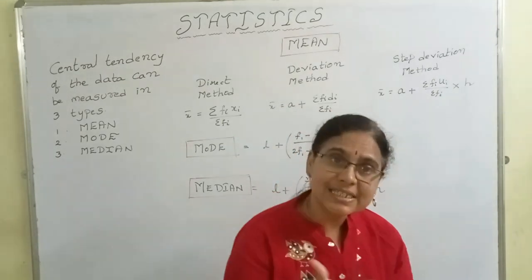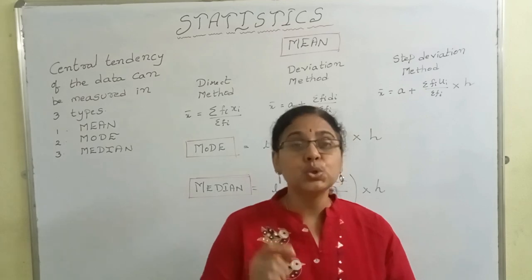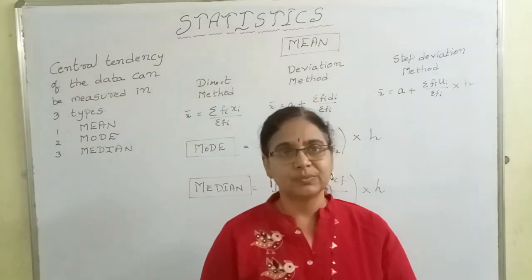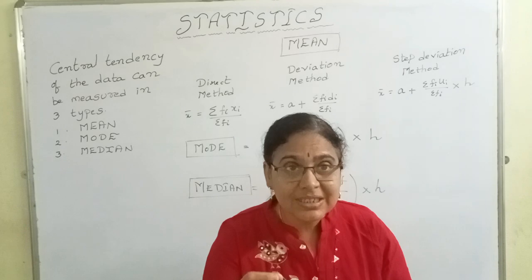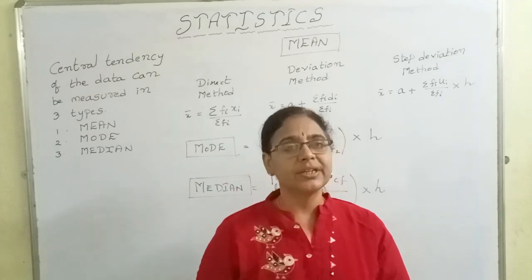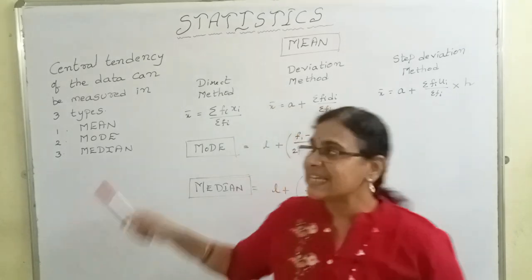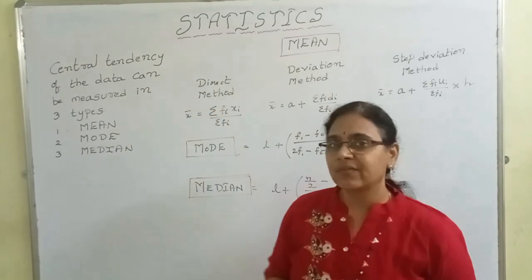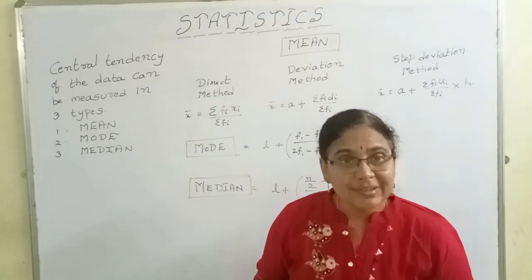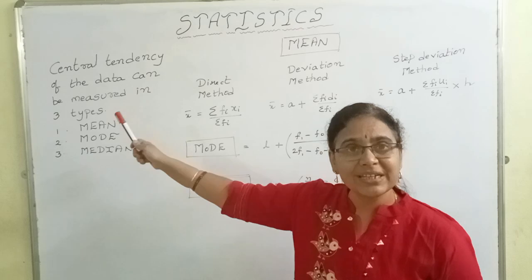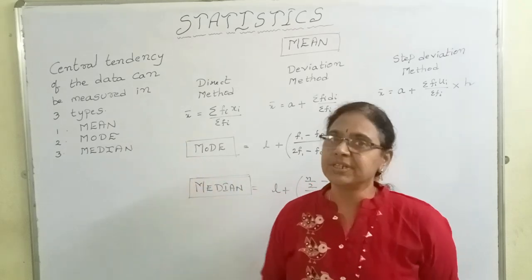We are taking a step further to numerical representation. Numerical representation of ungrouped data is known as central tendency of the data. What are the central tendencies? Mean, mode and median.